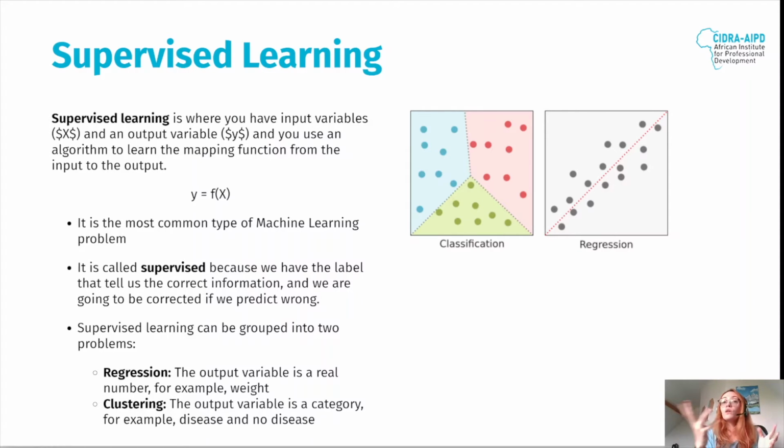Or if you want to predict the price of a house, you might have the number of bedrooms, number of bathrooms, if there's a garage or not, all of that as the variables, as the features. And you want to predict the price, and that would be your label, your target. That's your output variable, right?